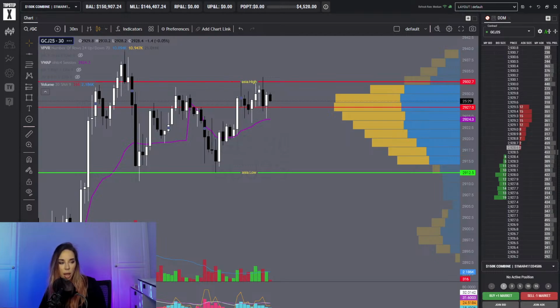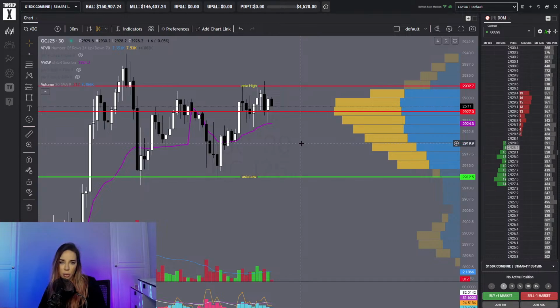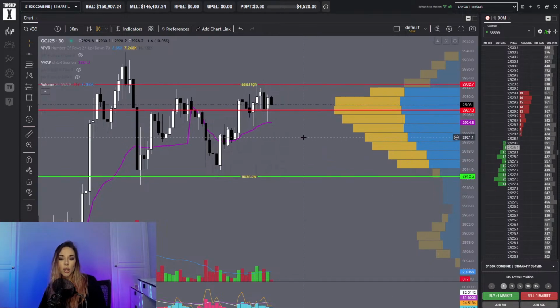For me, a good swing move that I would be looking for on gold would be at least 200 ticks, maybe more. That means you're capturing a good chunk of the move for the day, not just 40 and 50 ticks. So to me, a scalp is not defined by the number of ticks necessarily, but also the time it takes to do that.